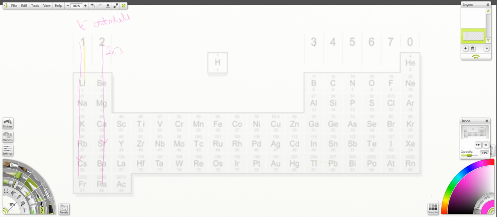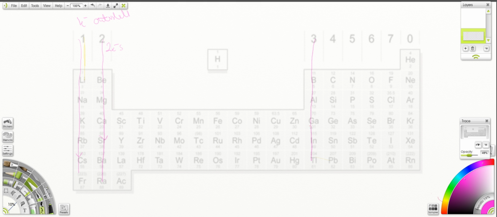Group 3 has 3 electrons in its outer shell. Group 4 has 4 in the outer shell, then 5, 6, 7. This group 0, or group 8, same thing, has 8 electrons in its outer shell.